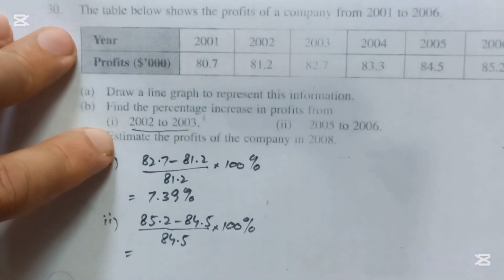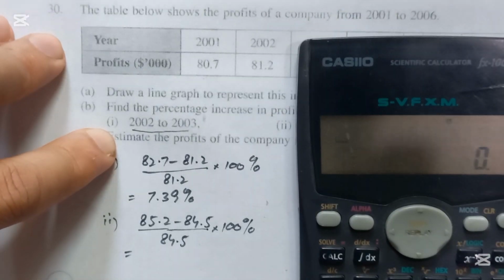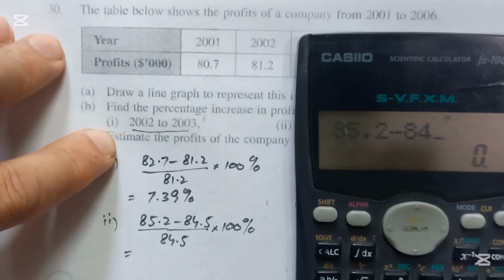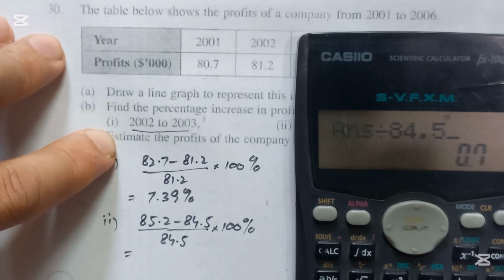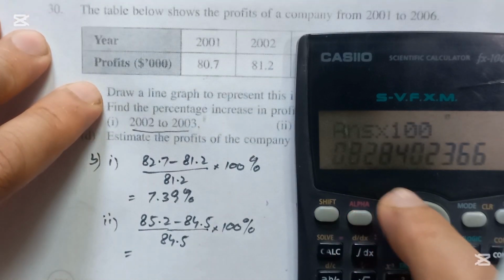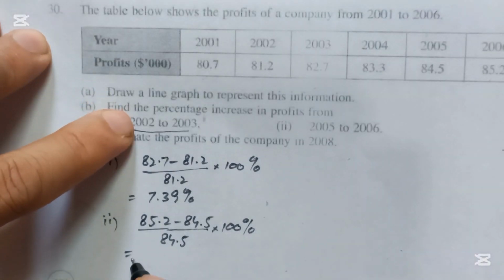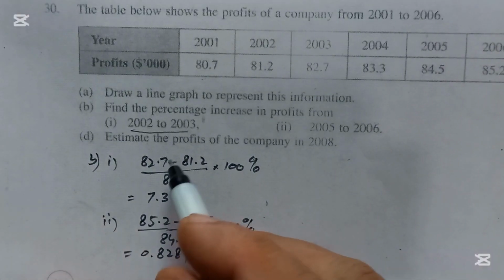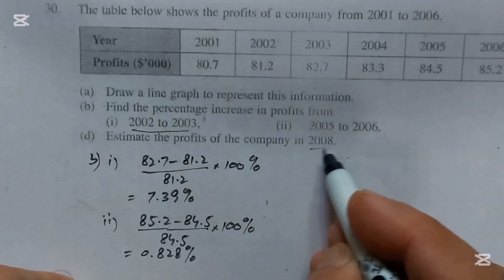So solve it on the calculator. 85.2 minus 84.5, equal, divided by 84.5, multiplied by 100. So the answer is 0.828. 0.828% is the answer. Last requirement is estimate the profits of the company in 2008.